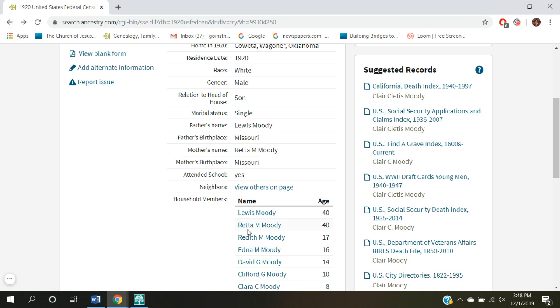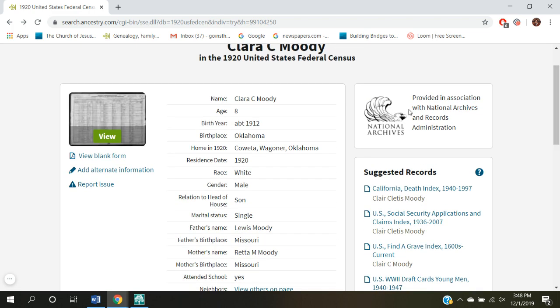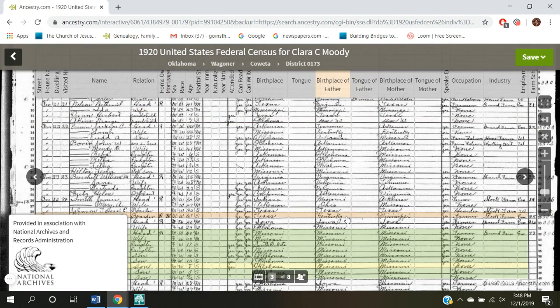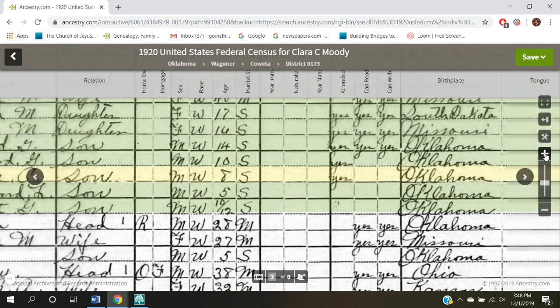And I went to the 1920 census, and they have here as the last child, Everett G. Moody, who was not yet 1 year of age. I know Howard's correct. So I'm going to open up the picture of the 1920 census again and see if this is an Everett G or an Everett Q. And I will blow up this image so it'll be bigger.